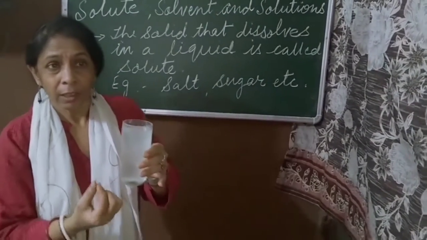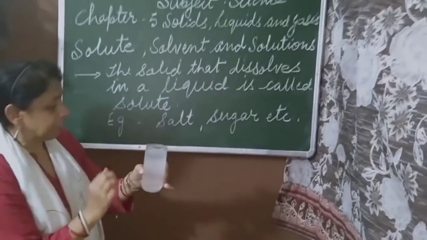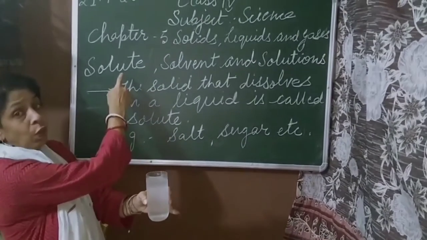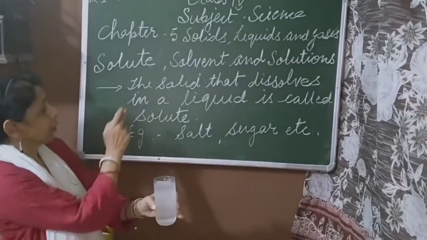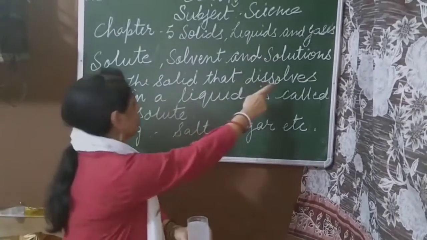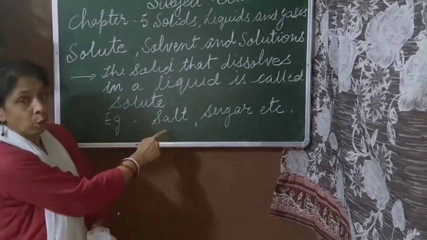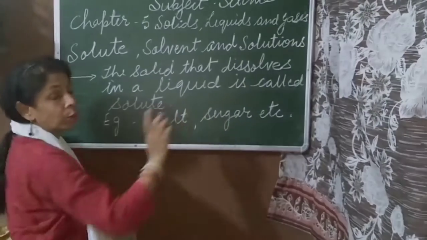Okay? So, here this salt is called solute. The solid that dissolves in a liquid is called solute. Example, salt and sugar.